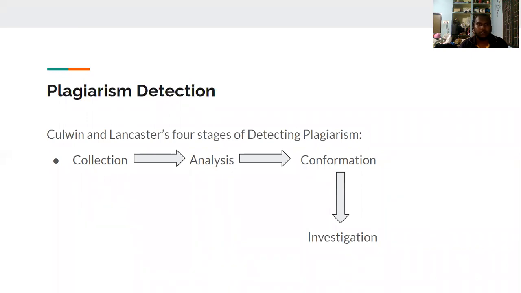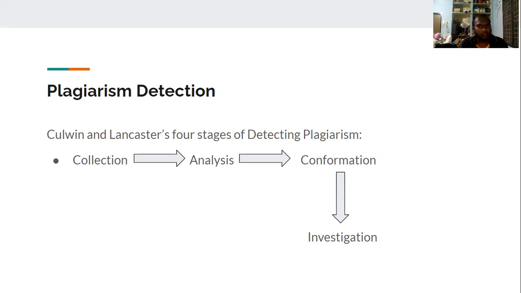This is plagiarism detection. Calvin and Lancaster's four stages of detecting plagiarism. The four stages are collection, analysis, confirmation and investigation. First is collection. Then analysis: we have to analyze whether plagiarism has occurred or not.